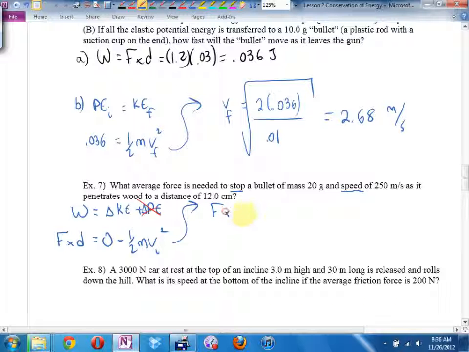Force times distance equals negative a half m v initial squared. I think the force is going to be negative 0.5 m v initial squared, and just divide that by the distance.